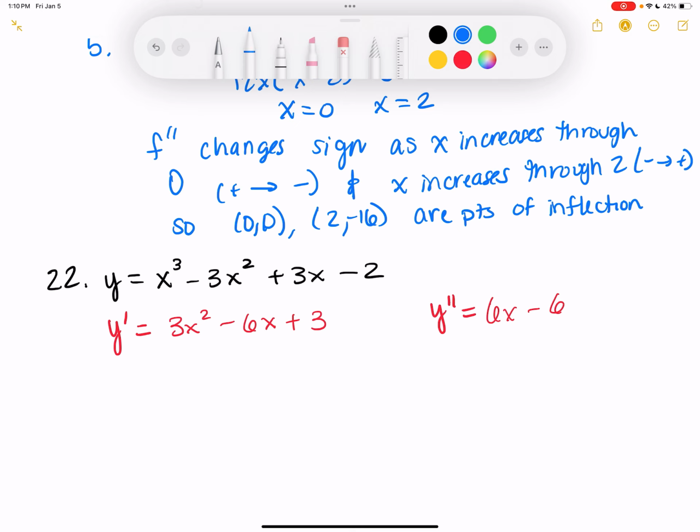So I can factor out a 3. I know I need to set this equal to 0, so I'm going to factor out a 3, which leaves me with x squared minus 2x plus 1, equal to 0. What does that factor into?